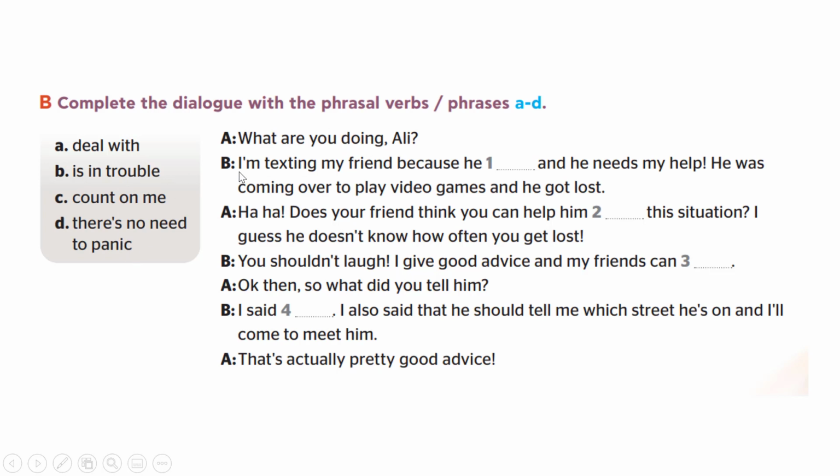What are you doing, Heidi? I'm texting my friend because he needs my help. Because he is in trouble. He was coming over to play video games and he got lost.